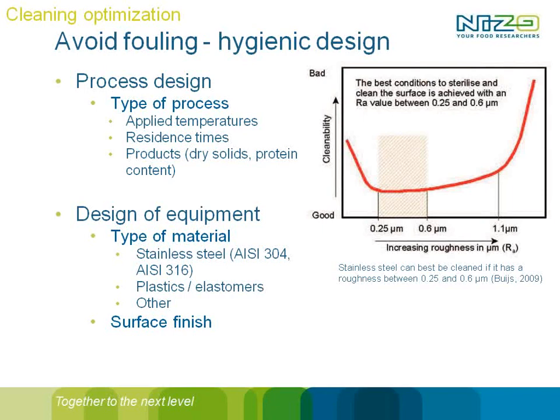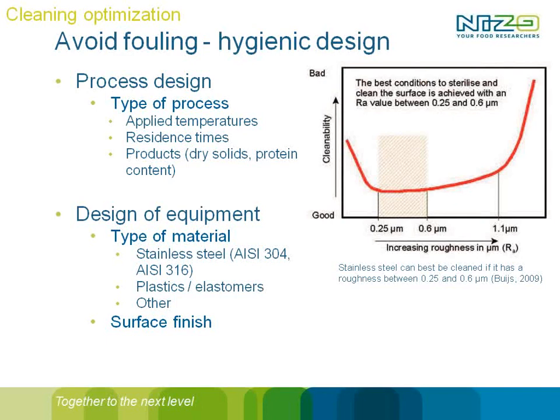At the right you see a graph. On the x-axis the roughness of your material given in micrometers. It's the Ra value. On the y-axis it's the cleanability. So how well can you clean your process? A low value, you can clean it very well. High value, very bad. What you actually see is that your process equipment should have a roughness of about 0.25 to 0.6 micrometers.